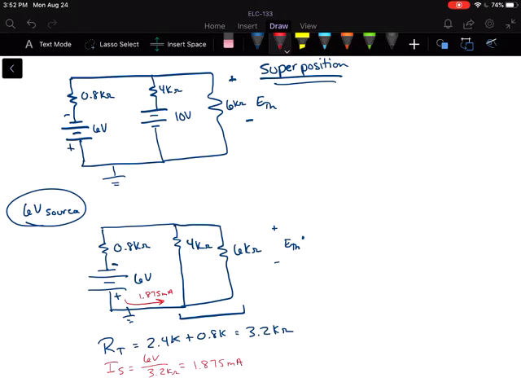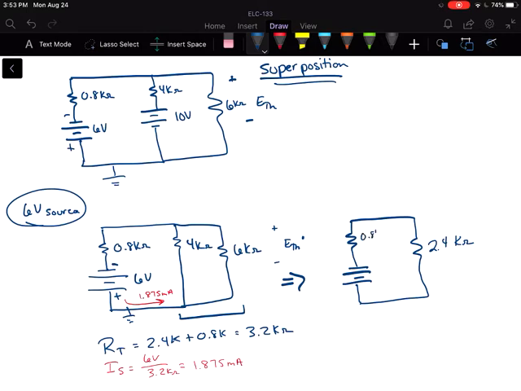Now that would split between the 4K and the 6K, but you know, if I had done what I tell all of my students to do, and that is to redraw the circuit multiple times, we would also see that we have that 2.4K out here. And really, once we have the current here, 1.875 milliamps, that's going to give us not only the voltage across the 2.4K ohm resistor, but also E Thevenin prime, because that's the same voltage that we have across that 6K ohm resistor.